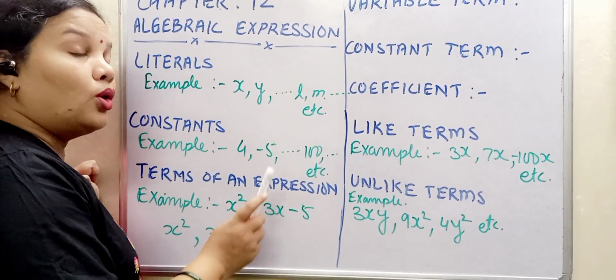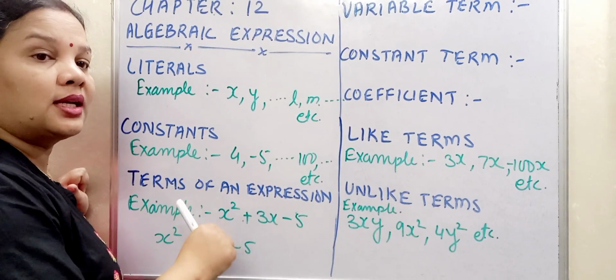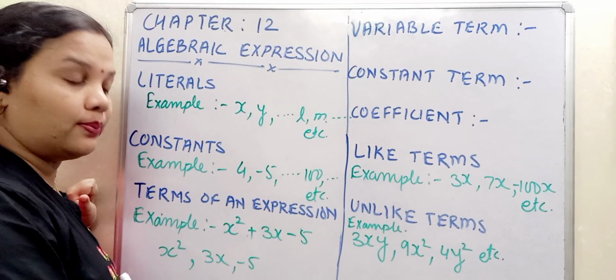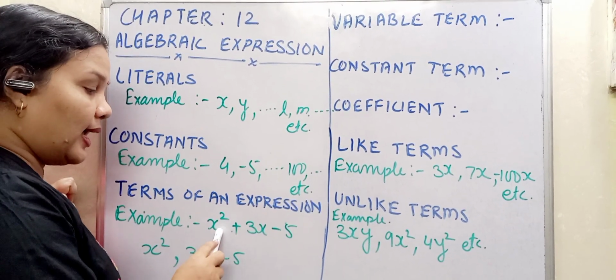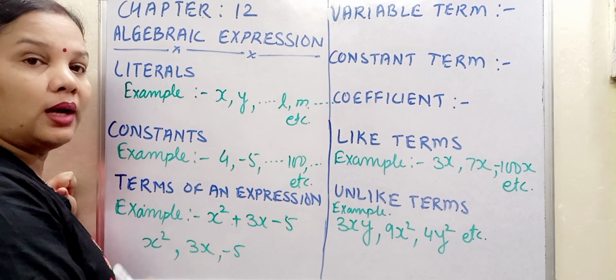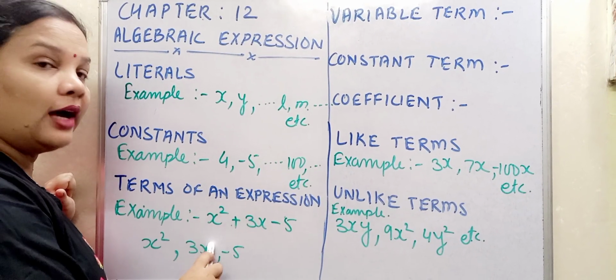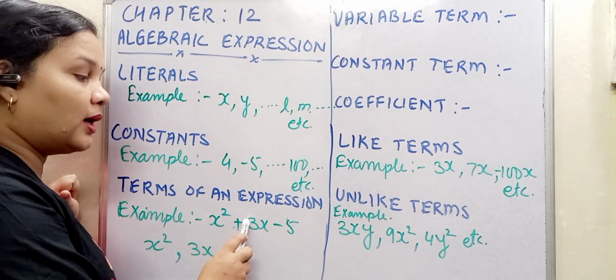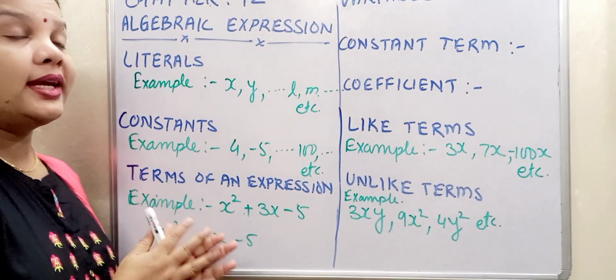So only the plus and minus signs separate these algebraic expressions into their terms. So how many terms are there? You can see here 3 terms: x square, 3x and minus 5. So for this expression we have 3 terms which are separated by plus and minus signs only.